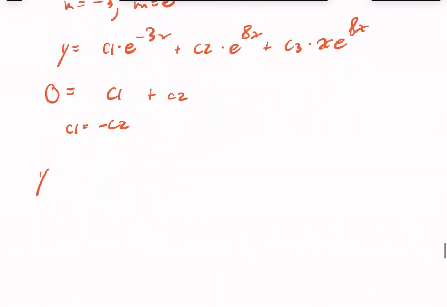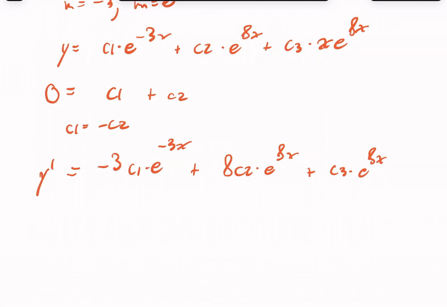If I take the derivative, which I actually have to this time, then I get negative 3 c1 times e to the negative 3x plus 8c2 times e to the 8x plus c3 times e to the 8x plus c3 e to the 8x times x.